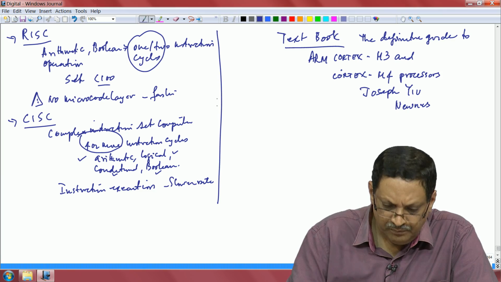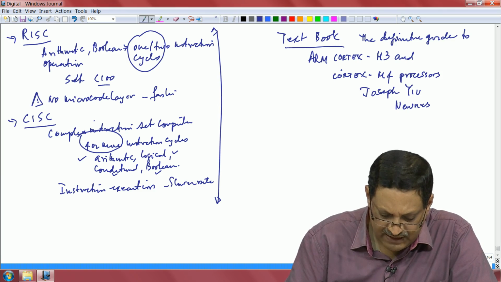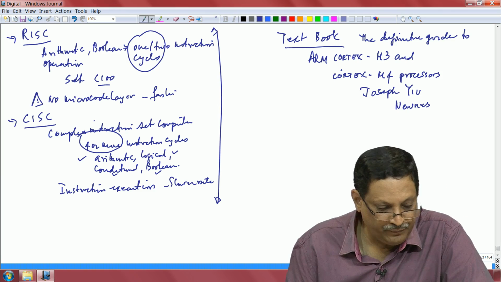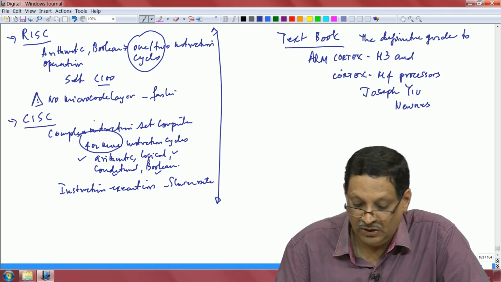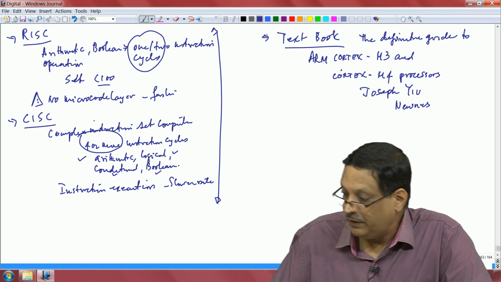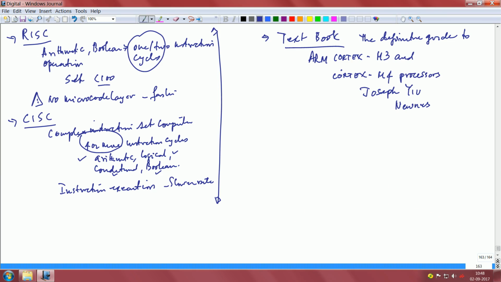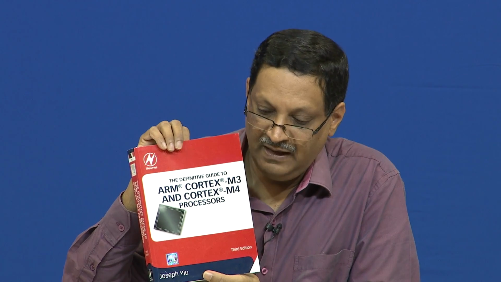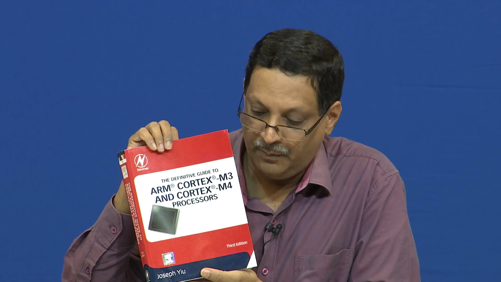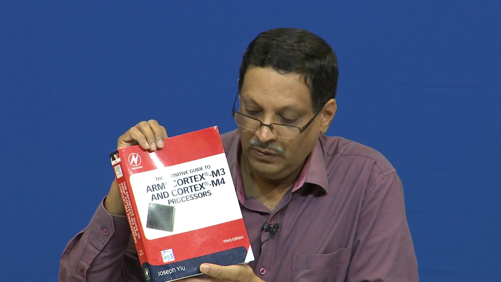And I got a very good understanding of the whole aspect of the choice of microcontrollers from this very good textbook, which is right here with me at the moment. Let me point you to this book: ARM Cortex M3 and Cortex M4 Processors by Joseph Yu, published by Newnes, okay.